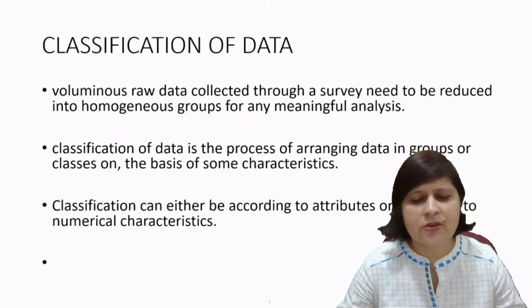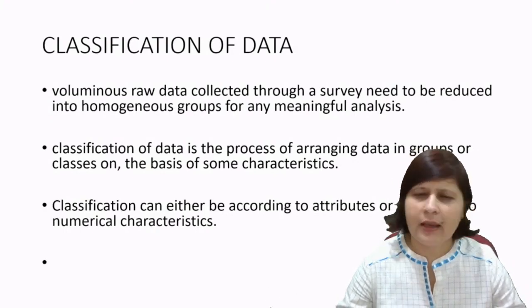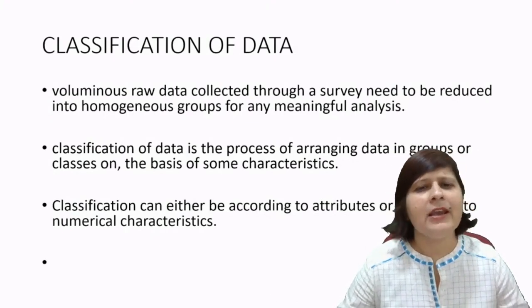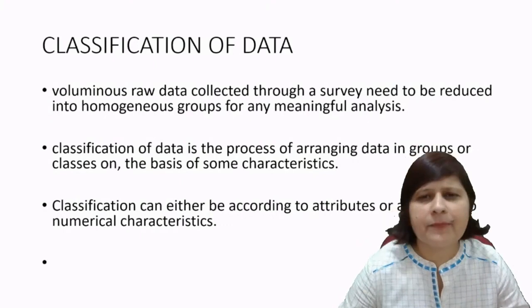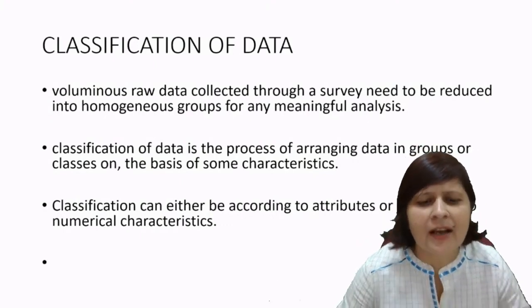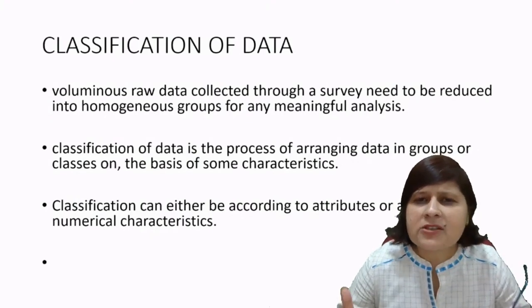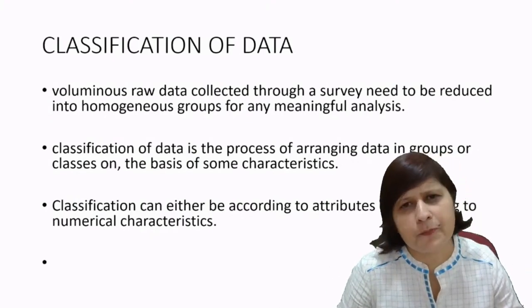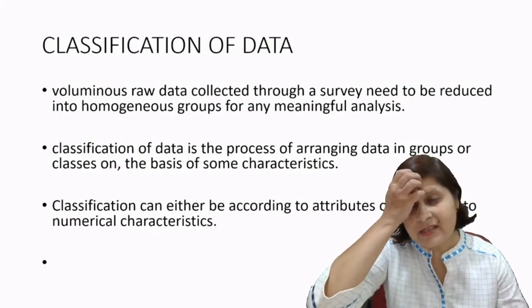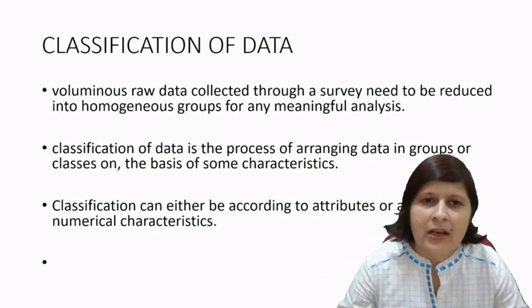These characteristics or attributes could be anything. It could be income, age, gender, or something else. So classification of data is the process of arranging the data in groups or classes on the basis of some characteristics.